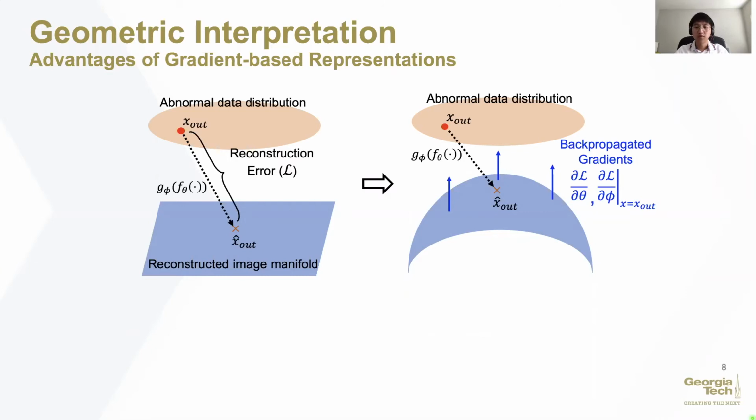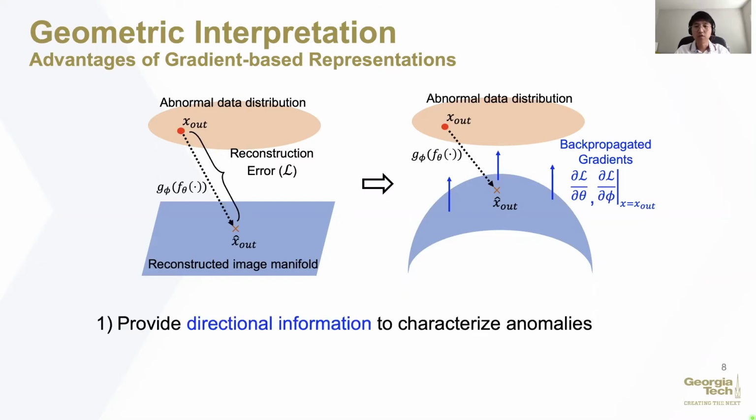This geometric perspective highlights several advantages of gradient-based representations for anomaly detection. First, the gradient-based representations provide directional information to characterize anomalies. Compared to the reconstruction error, which measures the distance information, the gradient captures in which direction the abnormal data distribution deviates from normal data representations.